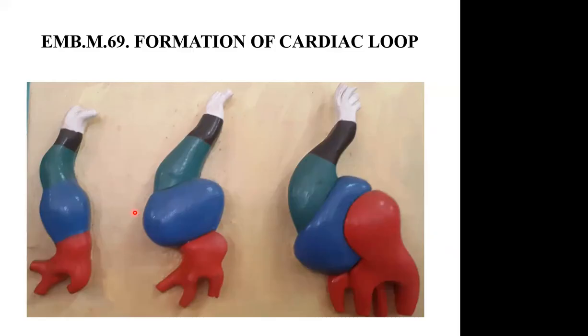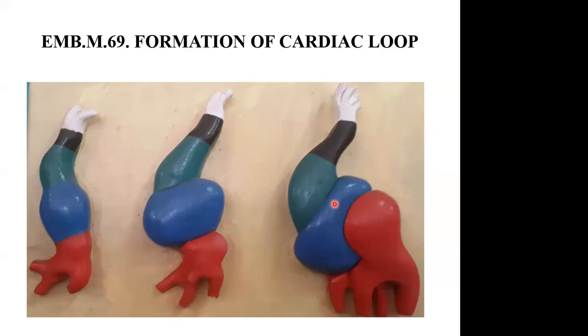During the formation of the cardiac loop, what happens? Your bulbus cordis as well as the ventricular part descends downwards, anterior and to the right. Note that point. The ventricular part with the bulbus cordis descends downwards, or otherwise we say ventrocaudal, and to the right.